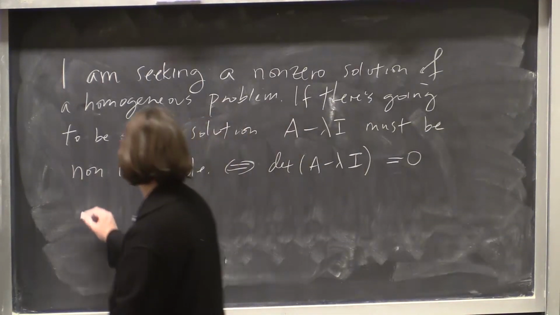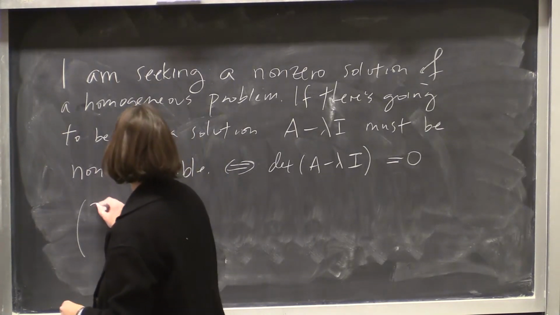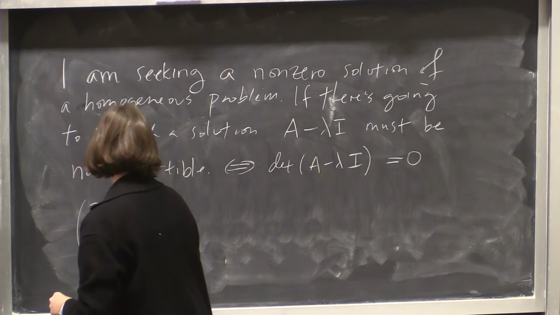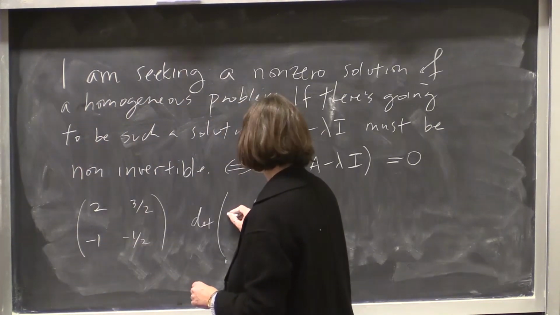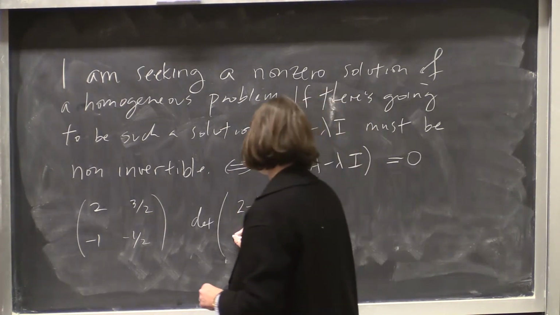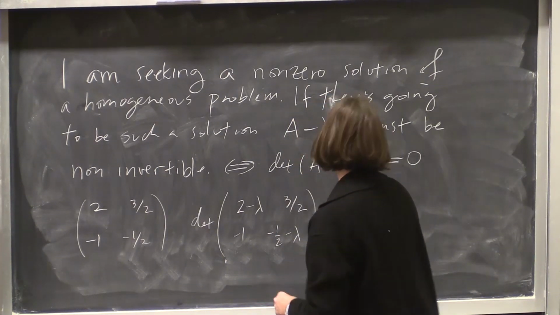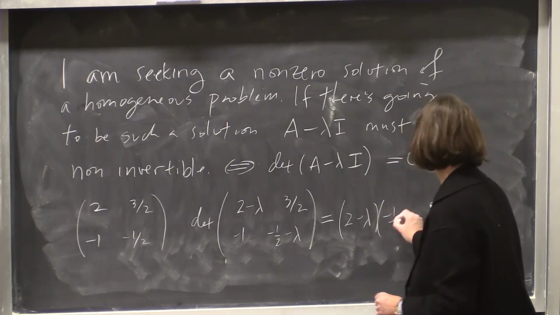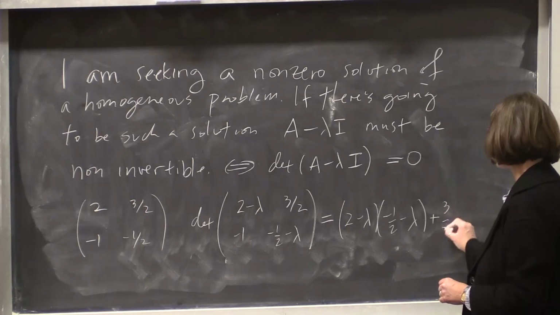So my matrix was 2, 3/2, minus 1, minus 1/2. The determinant of 2 minus lambda, 3/2, minus 1, minus 1/2 minus lambda is 2 minus lambda times minus 1/2 minus lambda, plus 3/2.